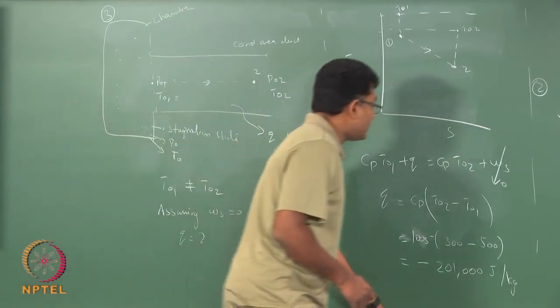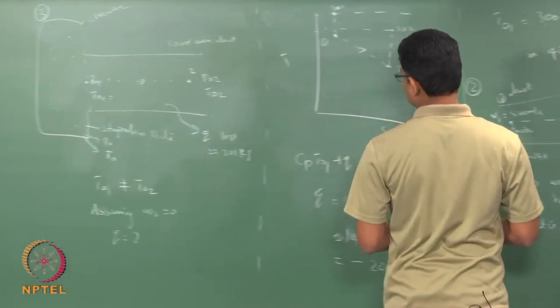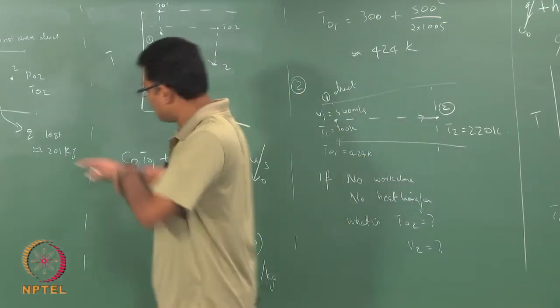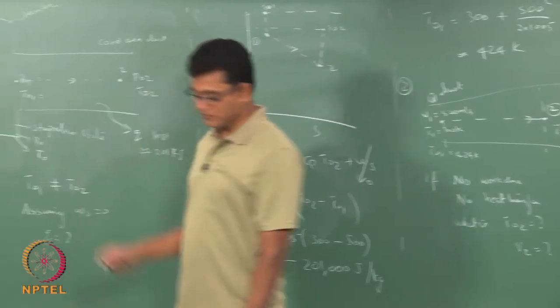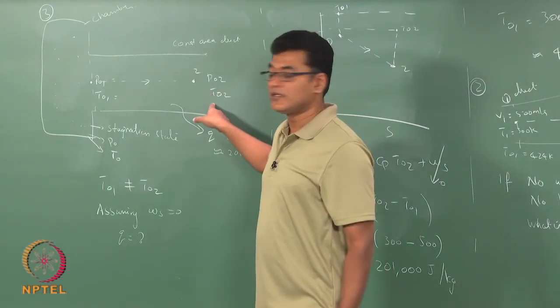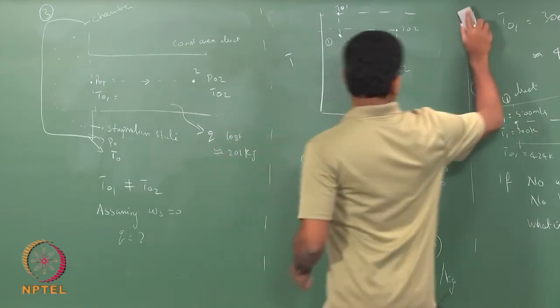Now, you can reverse the question. I supply some heat here. What would be the velocity that you gain at station 2?